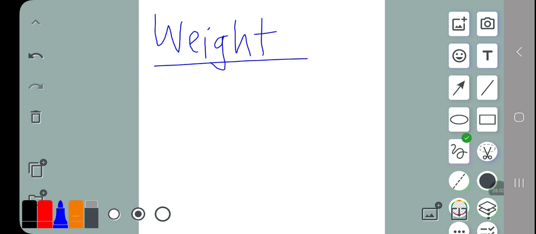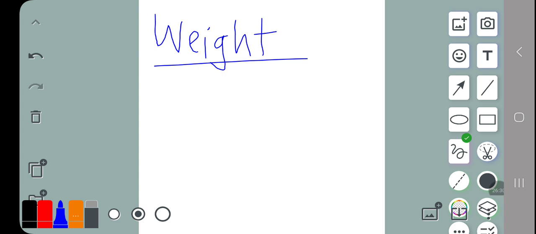When I talk about weight, usually it is whereby all objects, guys, all bodies with a mass, are attracted to the ground with the force of gravity. So what you must know is that weight is the attraction force due to the force of gravity.